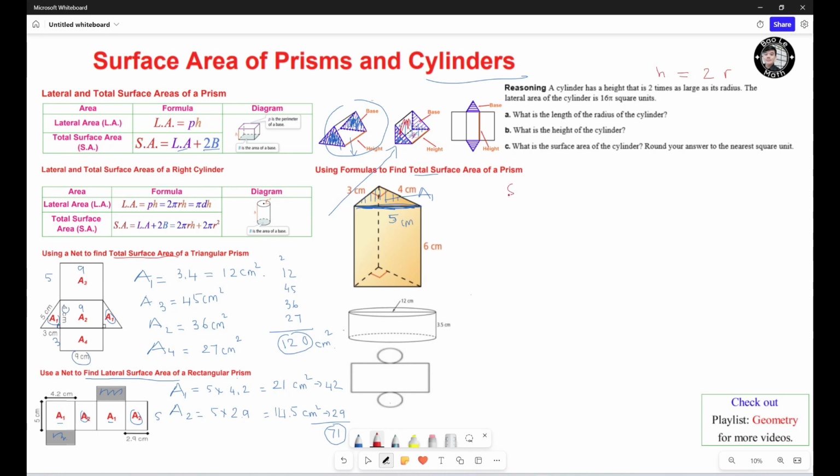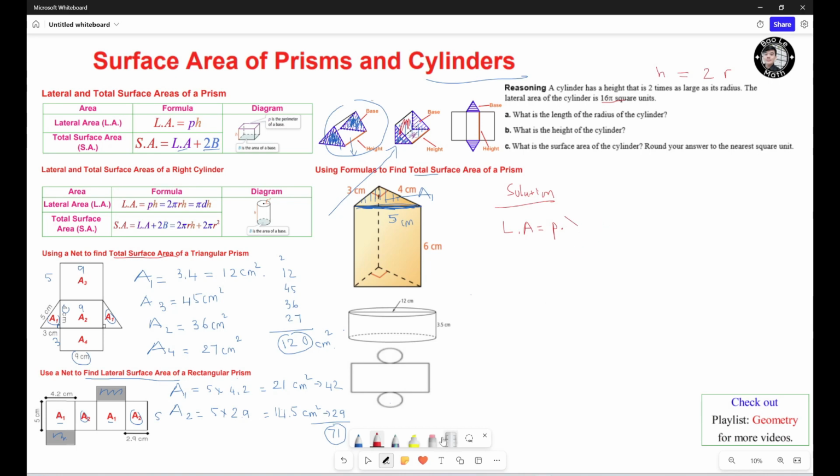Alright, so solution. Question number 1: what is the length of the radius of the cylinder? So we use the lateral surface area. The lateral surface area formula is perimeter times height, right?